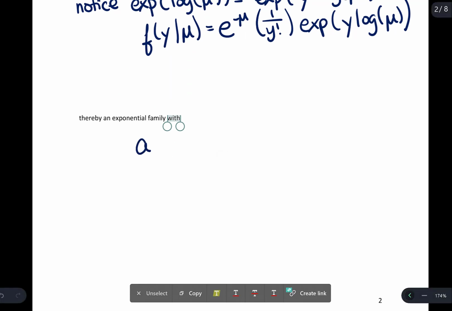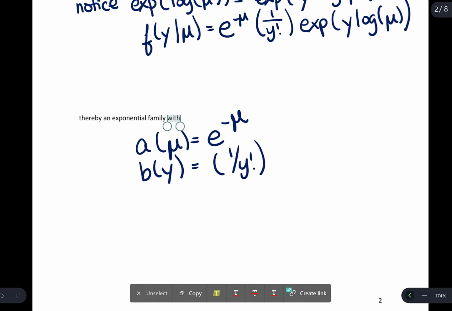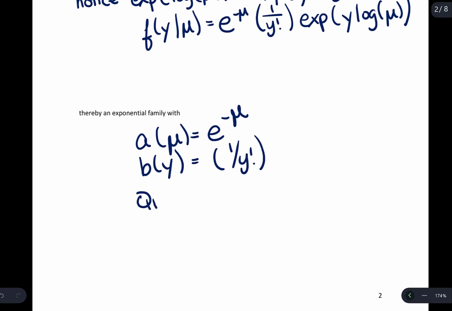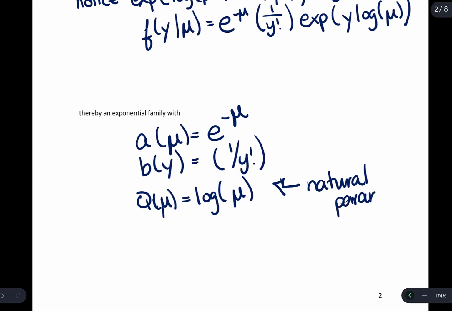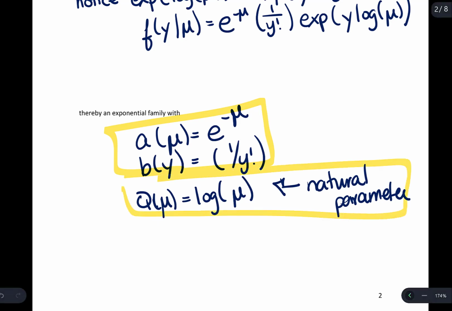So here we have a of mu is equal to e to the minus mu, b of y is equal to 1 over y factorial, and q of mu is equal to log mu, and this is what we refer to as the natural parameter. So at this stage, these two really aren't that important. The one that we're really concerned with is this natural parameter piece.